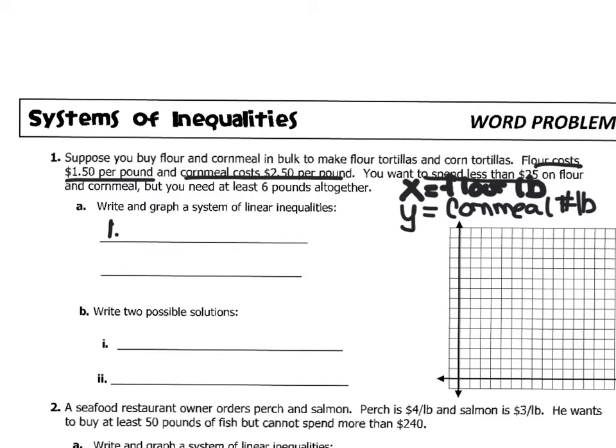It's $1.50 per pound of flour, which is X, plus $2.50 per pound of cornmeal, which is Y. And they want to spend less than $25.